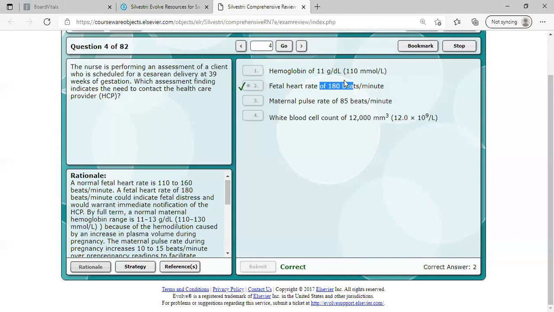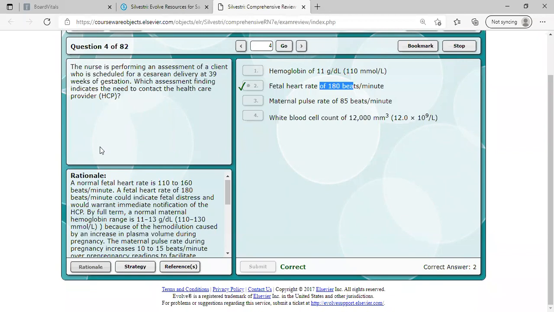If we see fetal malpresentation or multiple gestation or suspected fetal macrosomia, meaning a big baby, we prepare for cesarean section.